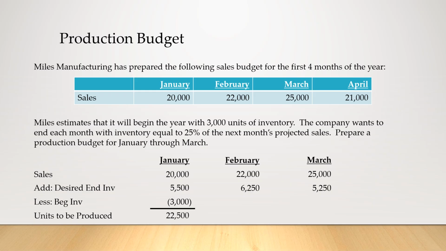For February, January's ending inventory will be February's beginning inventory, giving us a production quota of 22,750 units. In March, the carryover ending inventory from February is 6,250 units, yielding a production quota of 24,000 units.